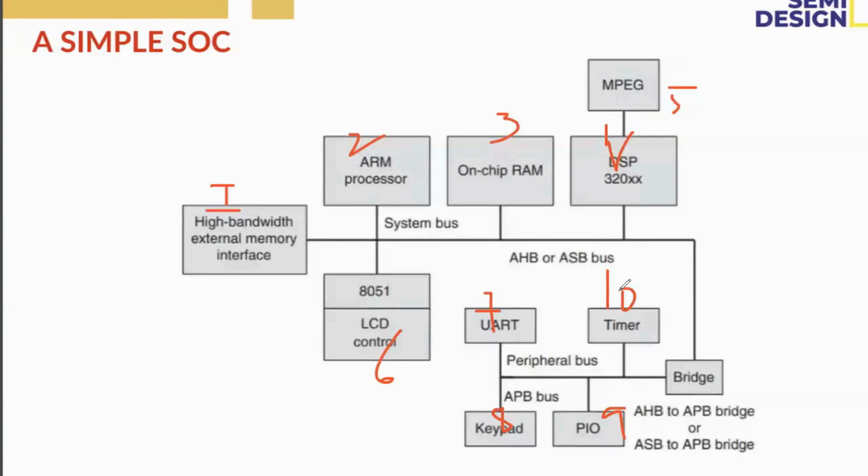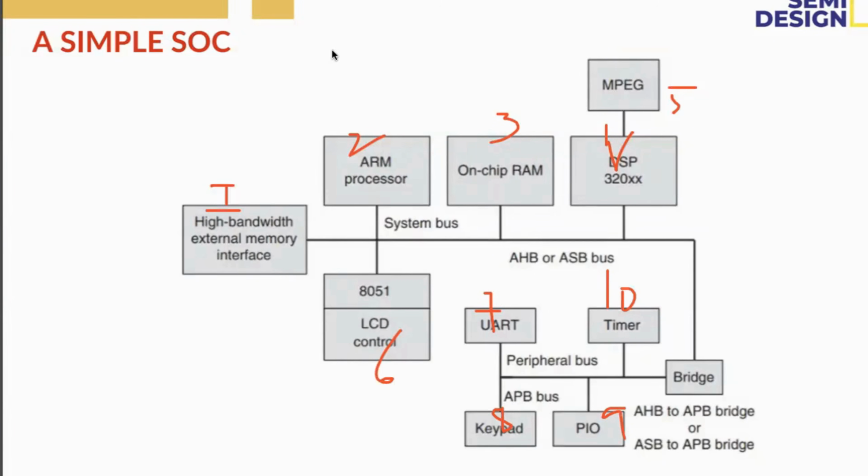A total of 10 IPs are there. Okay, 10 IPs, 10 interfaces we can say. So how many UVCs are required? What is meant by UVC? Universal Verification Component. Okay, so how many UVCs are required? So 8 UVCs are required. So all these UVCs will be developed from one company.